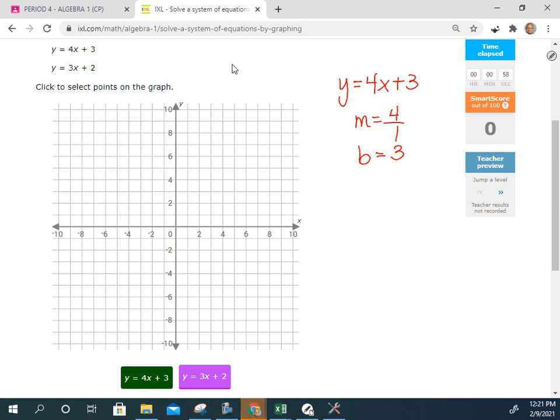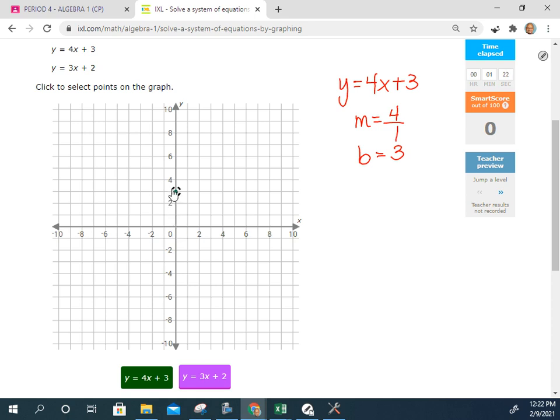So we click on 4x plus 3, go to the y-axis, and put our point at 3. If you mess up, just double click it again and it'll take the point off.